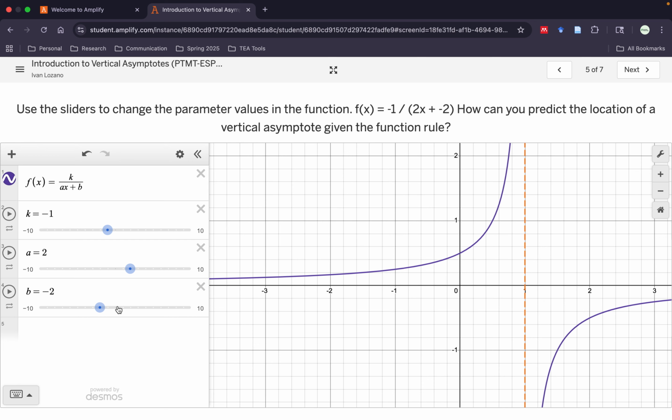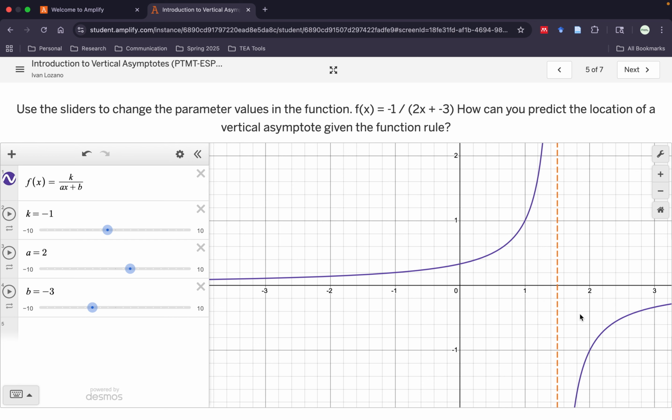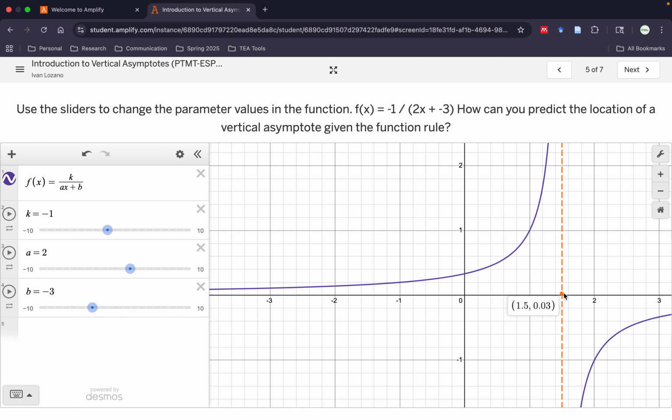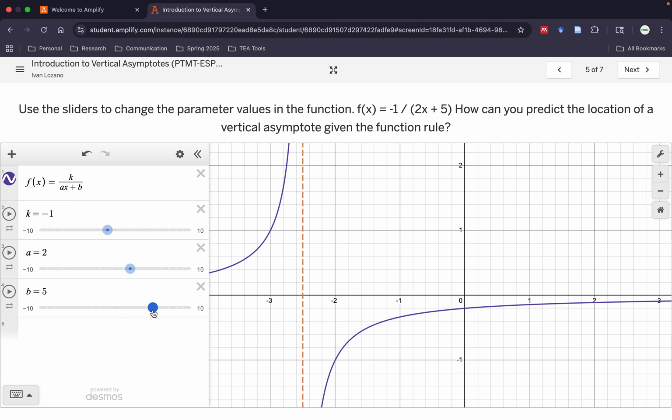That's 1. 3. 1.5. Some students might not even read the directions, like I just did. Use the slider to change parameter values in the function 2, 3.